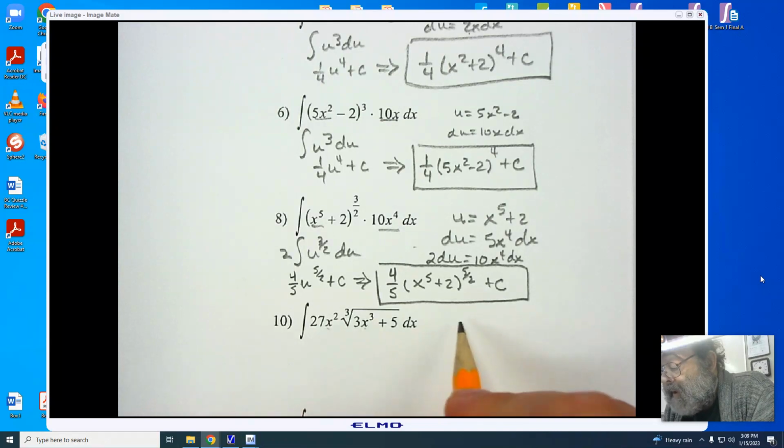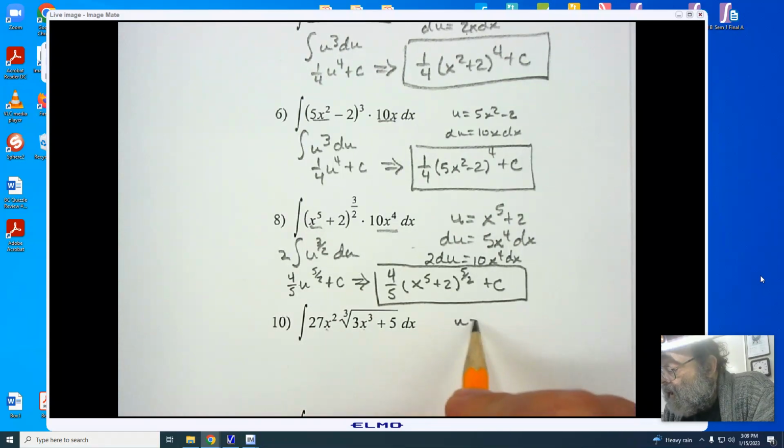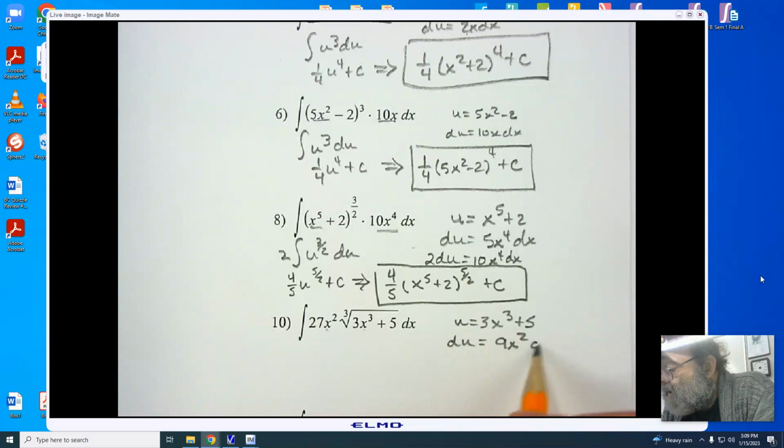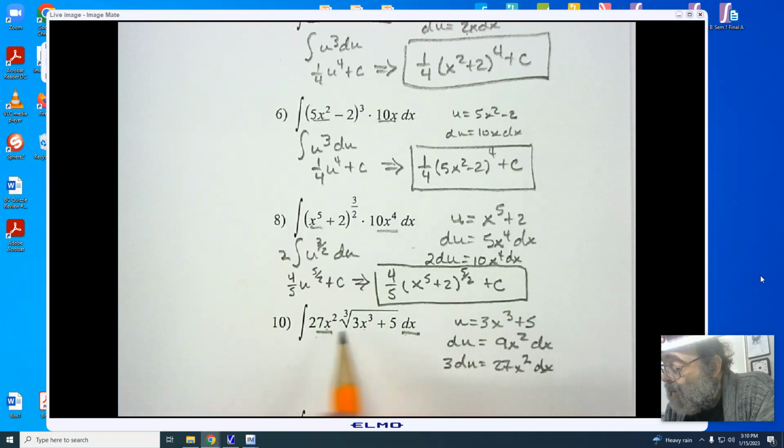Squared cubed, so I'm going to be working with u equaling the 3x cubed plus 5. That means that du is going to be 9x squared dx. It's not the same, so 3 du equals 27x squared dx. They are now equal, and I can work with the 3 integration of u to the 1/3 power du.